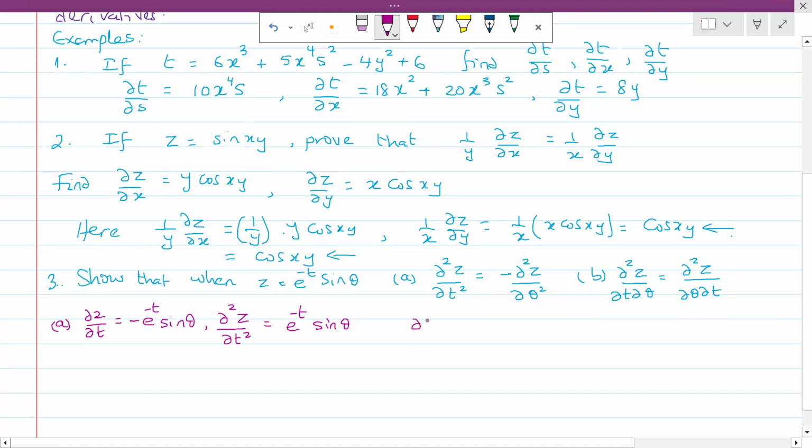Similarly, what is partial z partial theta? Now I'm going to treat e power minus t as constant. So I'm going to have e power minus t cos of theta.